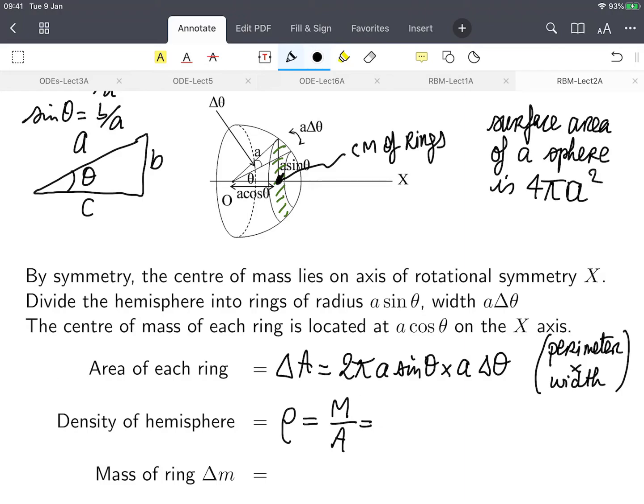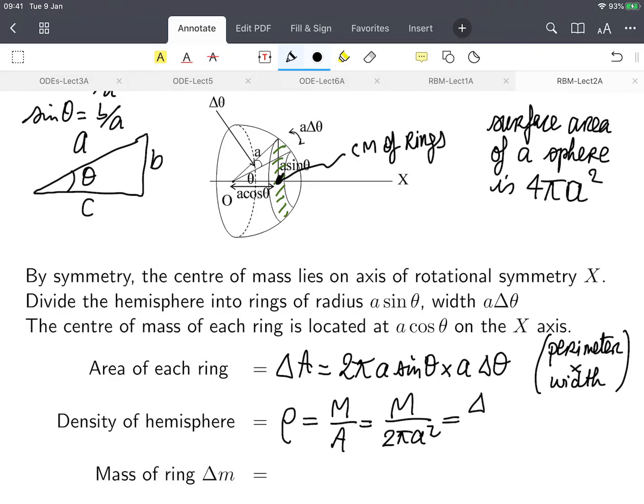It's on page number 10. 4 pi r squared, where r is the radius. So in this case, it's A. So if that's the surface area of a total sphere, a hemisphere, half a sphere, is going to be 2 pi A squared. Okay. So that's for the total hemisphere, but it's also true for each of those rings.